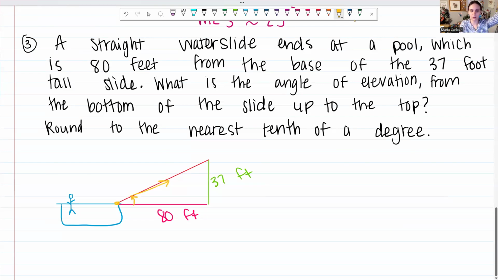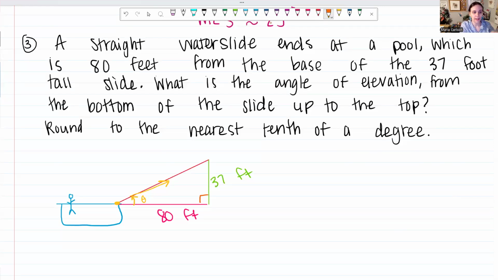The angle of elevation going from the bottom to the top would be this inside angle here within the right triangle. Note that this would be a right angle simply because this is going to be a perpendicular height.